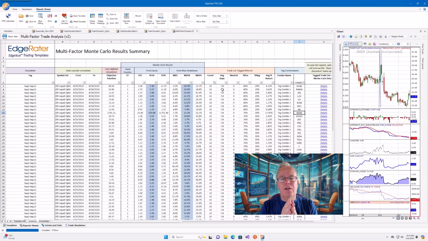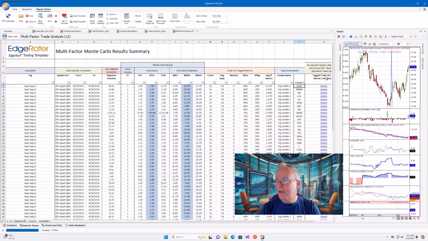It's taken that entire two-week span, separated it into all of the number of bars between those two weeks, which is obviously 14 days, and looked at all of those to see what the best period was. It turns out that September 2 to September 13 was good, the 7.8 days, and Golar LNG is at the top of that list.